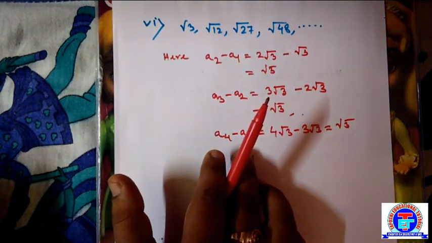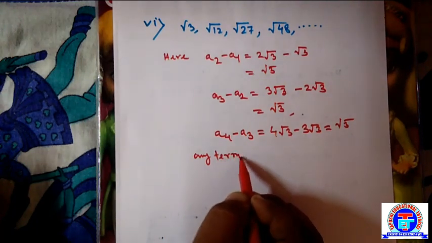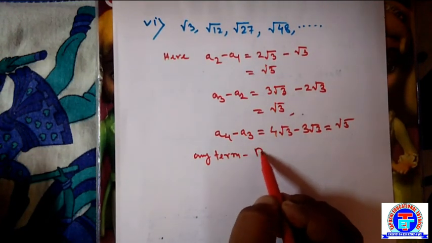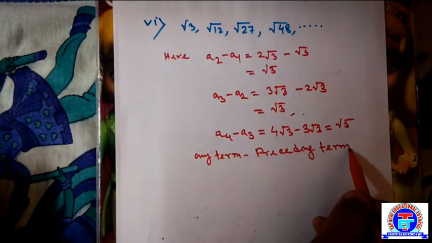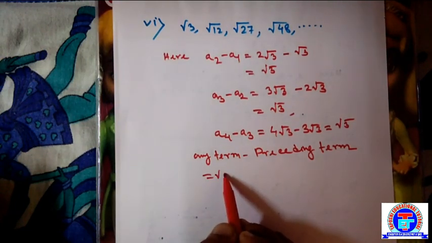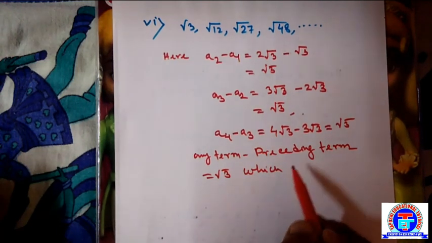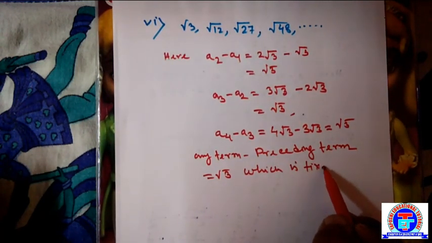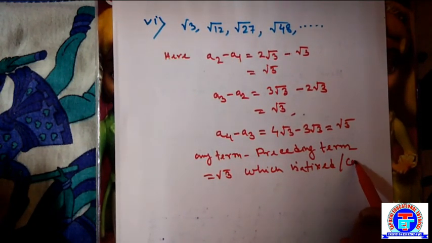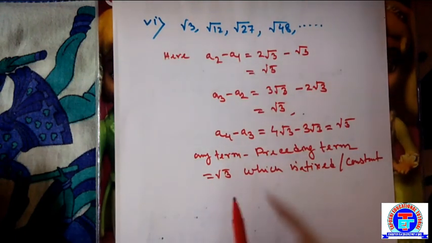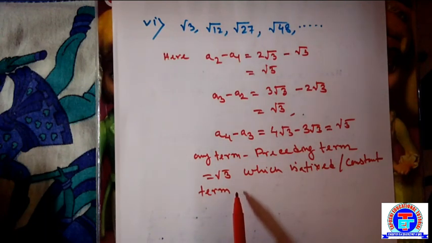So in this list of numbers, any term minus its preceding term is equal to root 3, which is a fixed or constant number.